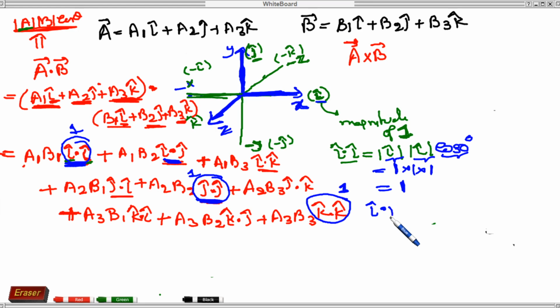In case of dot product, it is modulus of i, modulus of j, cos 90 degree.